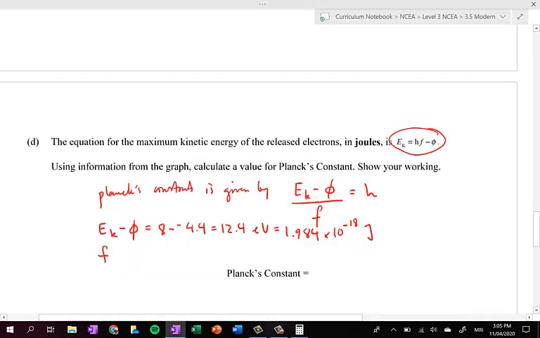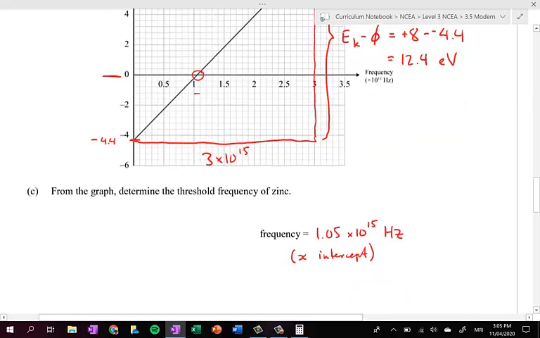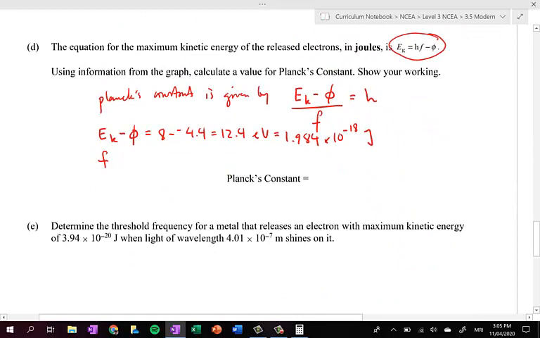if we just go back up here, that was 3. So this run here is 3 times 10 to the 15. F equals 3 times 10 to the 15.